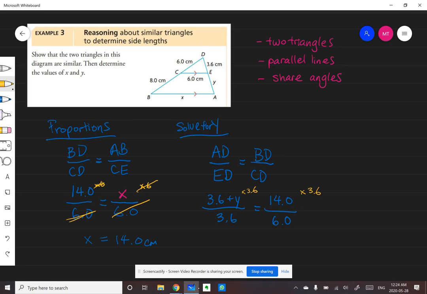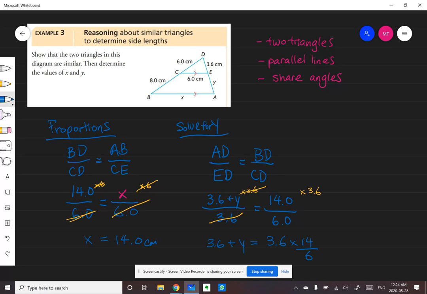And on this side, that's going to cancel. And then we're going to get 3.6 plus y equals 3.6 times 14 over 6.